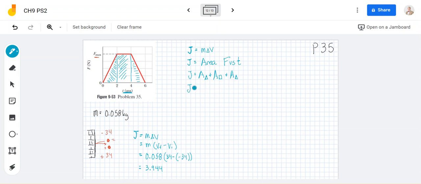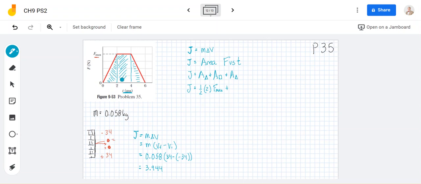So this is 1/2 the base. Now, it's 2 milliseconds. So I'm going to do it in milliseconds first and we'll come back. So 1/2 of 2 times F max, 1/2 the base times the height. Plus, let's do the rectangle.